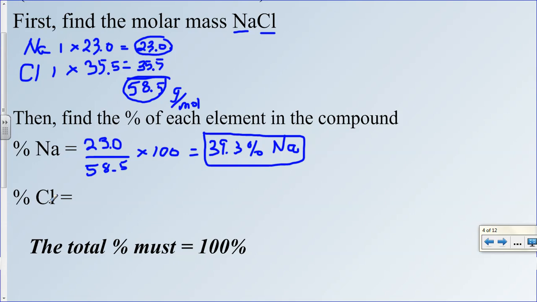So let's go and show the math for percent chlorine. We take what we got for a total for the chlorine, divide by the total of the compound, so 35.5 divided by 58.5 times 100.